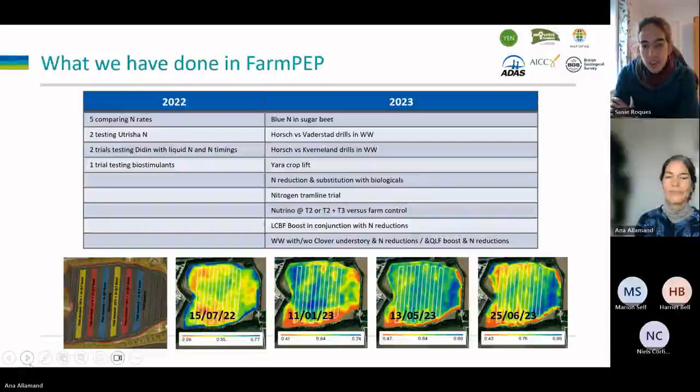And it was really interesting bringing them all together because we saw a consistent pattern across the trials of lower than expected optimum nitrogen rates. Farmers were dropping the nitrogen rate far further than they would normally consider in the trial, and actually not losing much yield at all, improving their gross margin.